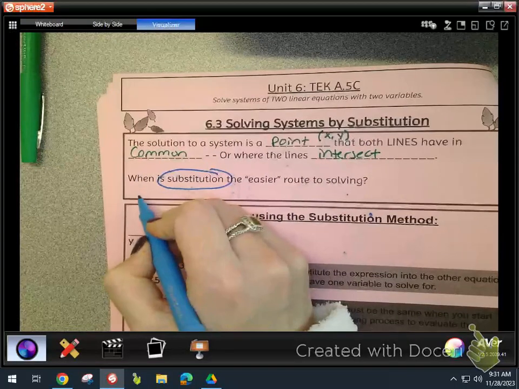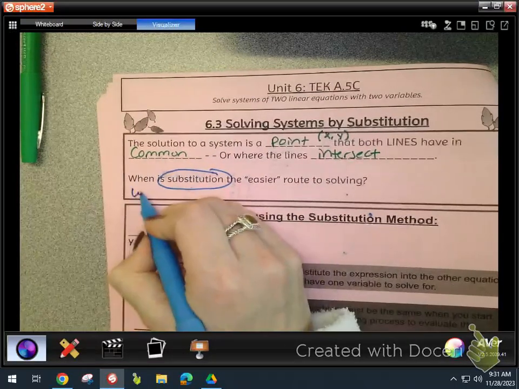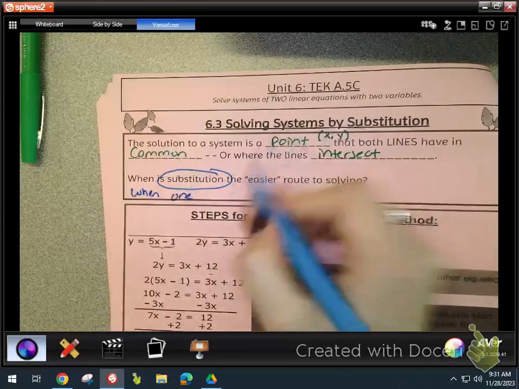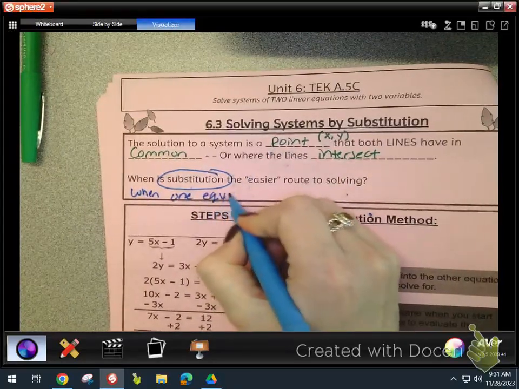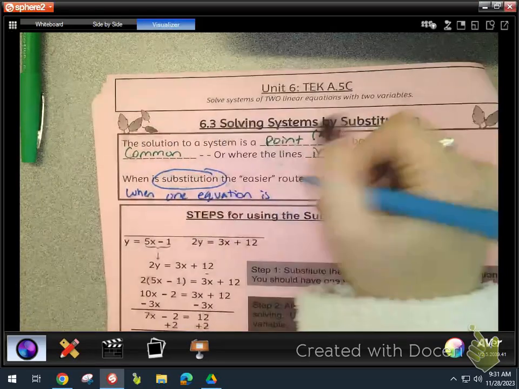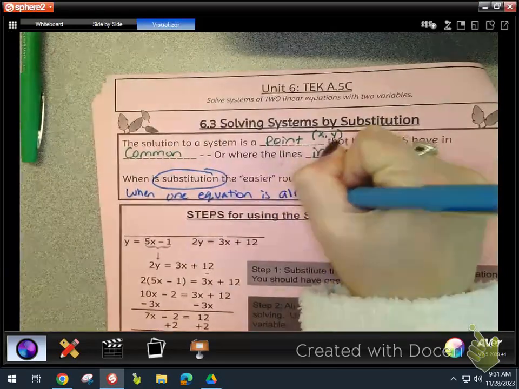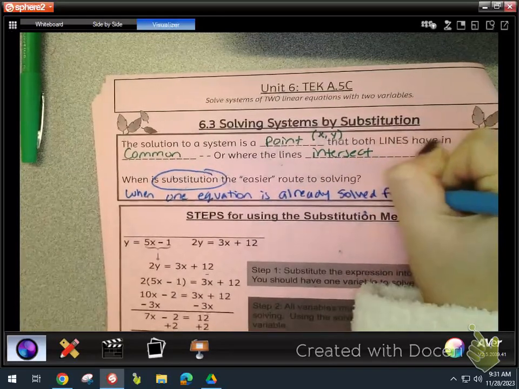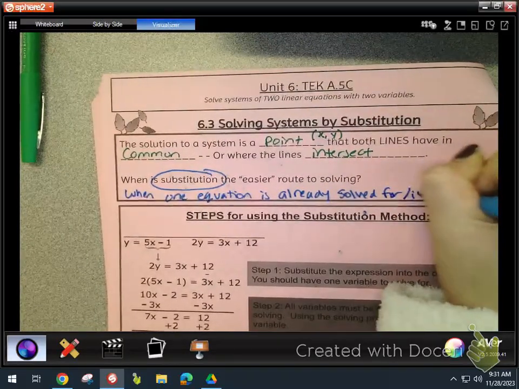Okay, substitution is the, quote, easier route when one of your variables or one equation is already solved for or isolated.